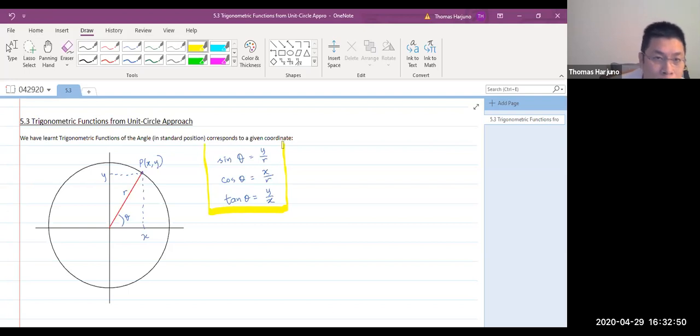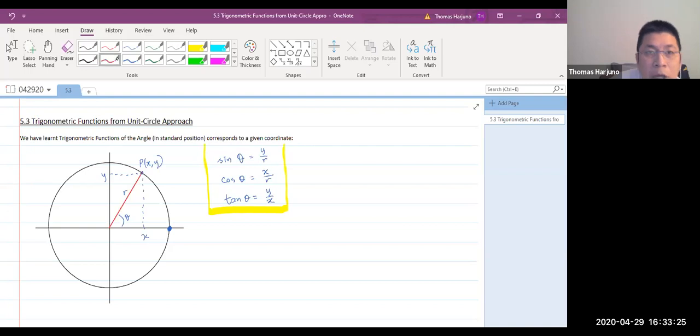Actually, from this point, we can already compute the trig values of additional special angles, like for example 0 degrees, 180 degrees, 90 degrees, and 270 degrees. Let's say, for example, we want to know the value of sine, cosine, tangent for 0 degrees.